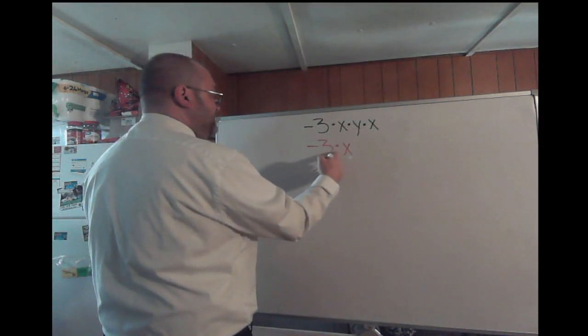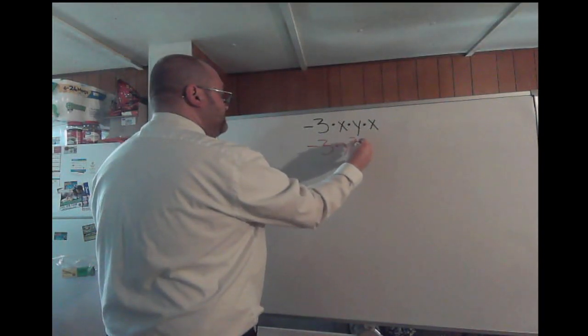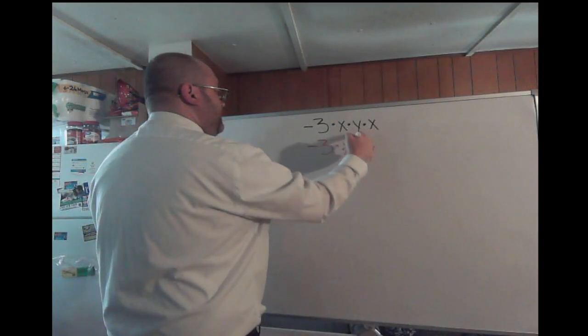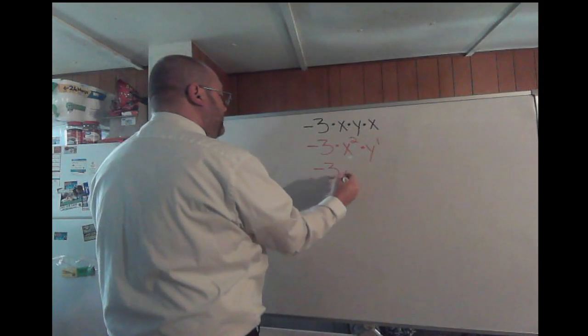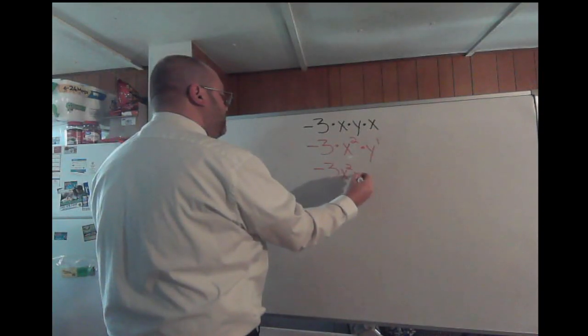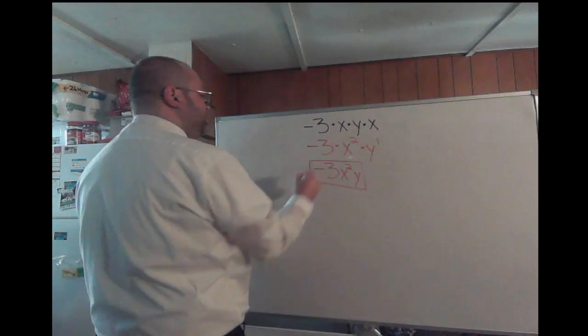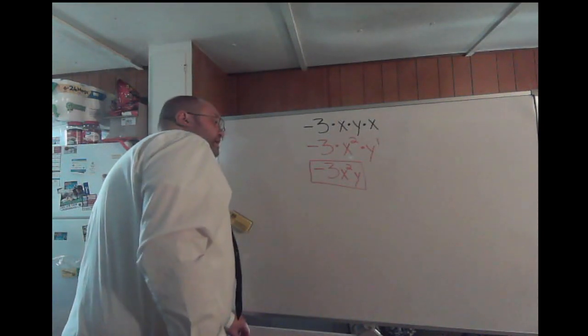So negative 3 times x to what power? 1, 2. So negative 3 times x to the second power times y to what power? Just 1. So you can write this as negative 3 x squared y. That's exactly how you could write that for your exponents. Negative 3 x squared y.